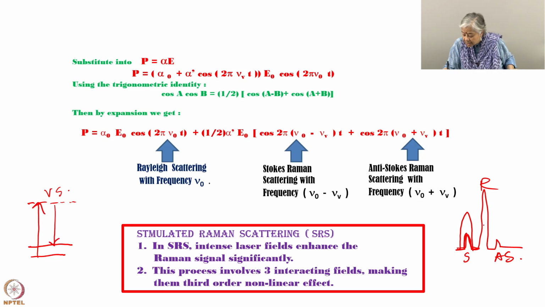So, this part is called the Raman shift. Or nu 0 minus nu v is called the Stokes shift, nu 0 plus nu v is called the anti-Stokes shift. Okay. So, that is the nomenclature.